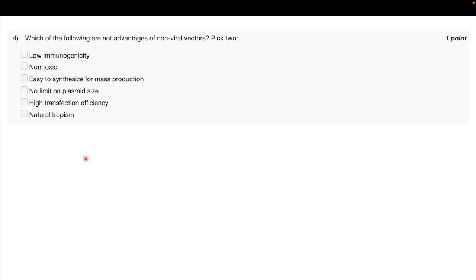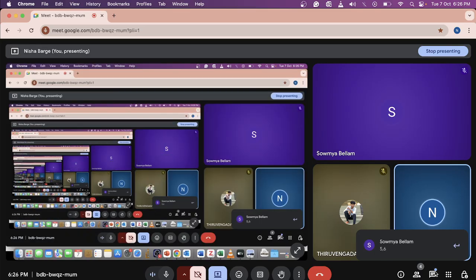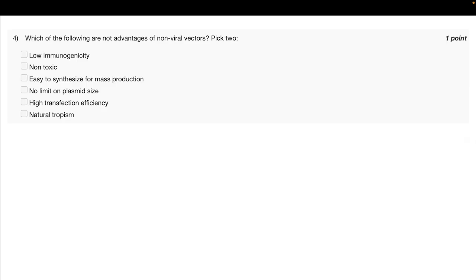We discussed this in the introductory slide as well, so if you people know the answer, do let me know. If not, we'll discuss. Again, we have to select what are not advantages of non-viral vectors. Okay, someone has answered 5 and 6. Thank you for answering. Anybody else?